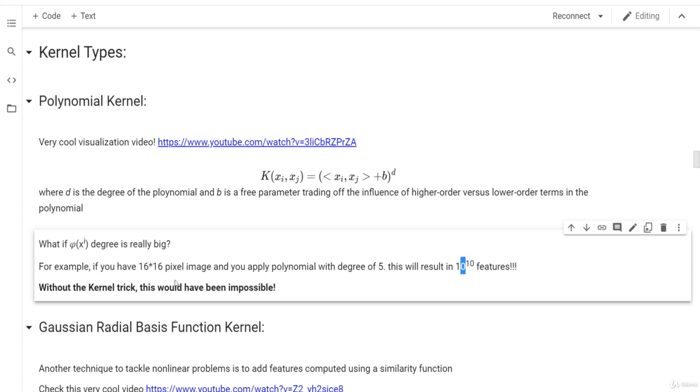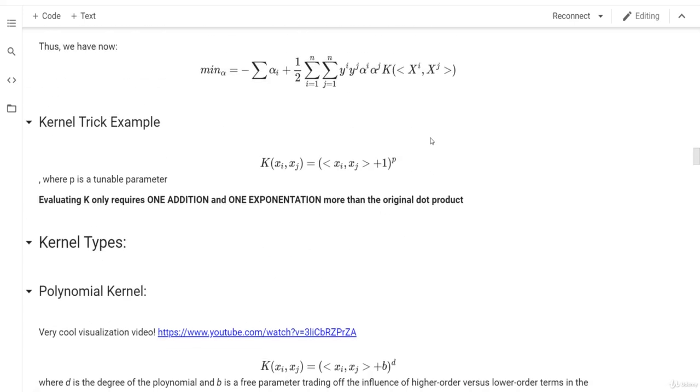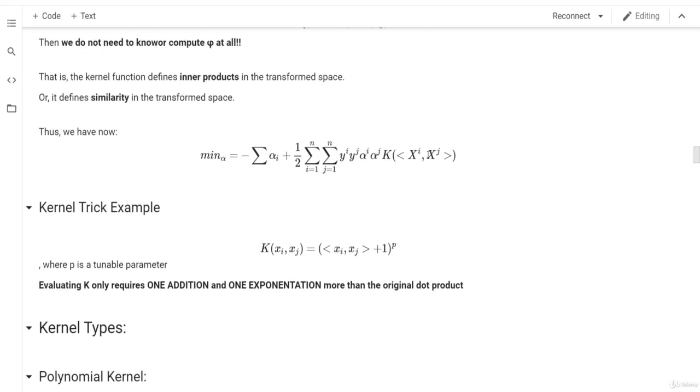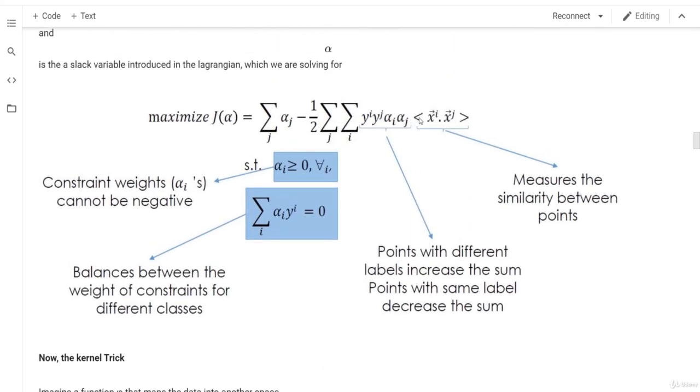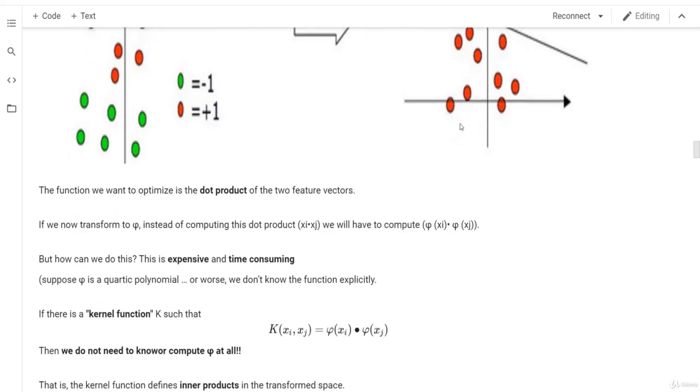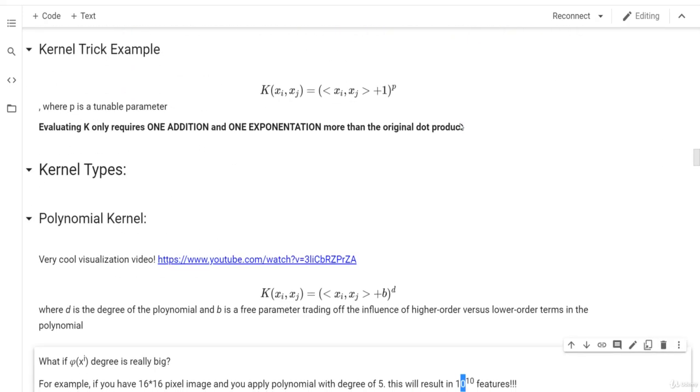So if we have a 16 by 16 pixel image and we apply a polynomial kernel with a degree of 5, and we do the kernel without the kernel trick, so we apply the kernel here and here and then do the dot product, then we are going to have 10 to the power 10 features.